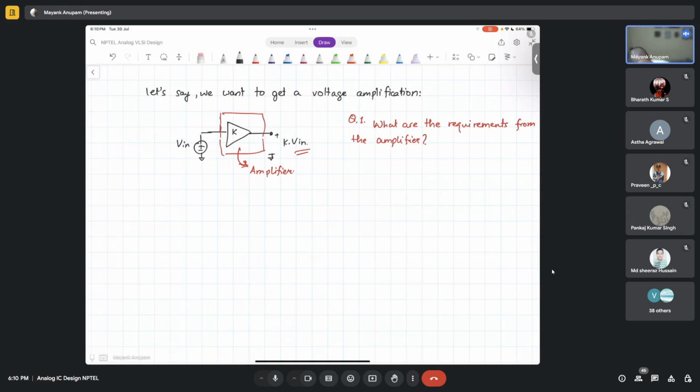The immediate answer here would be that this amplification factor should definitely not be dependent upon anything that you connect after this, isn't it? There might be another network here.